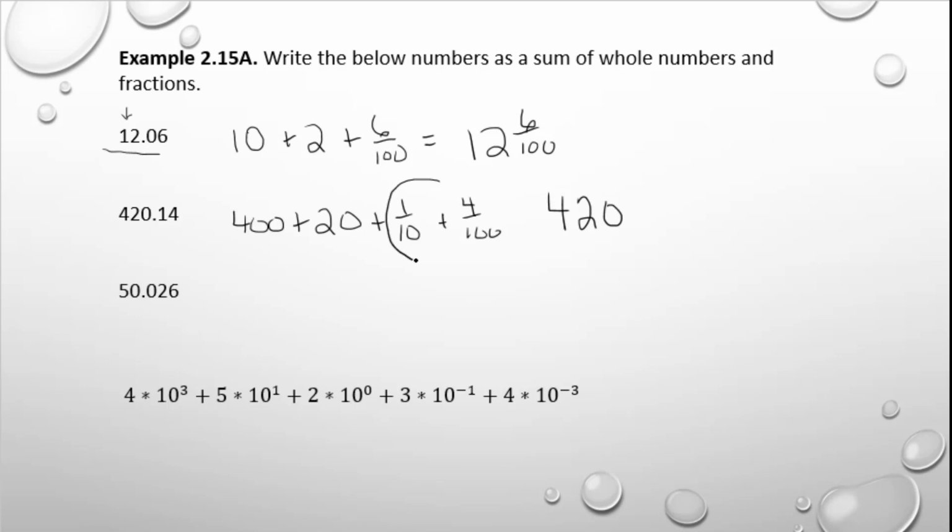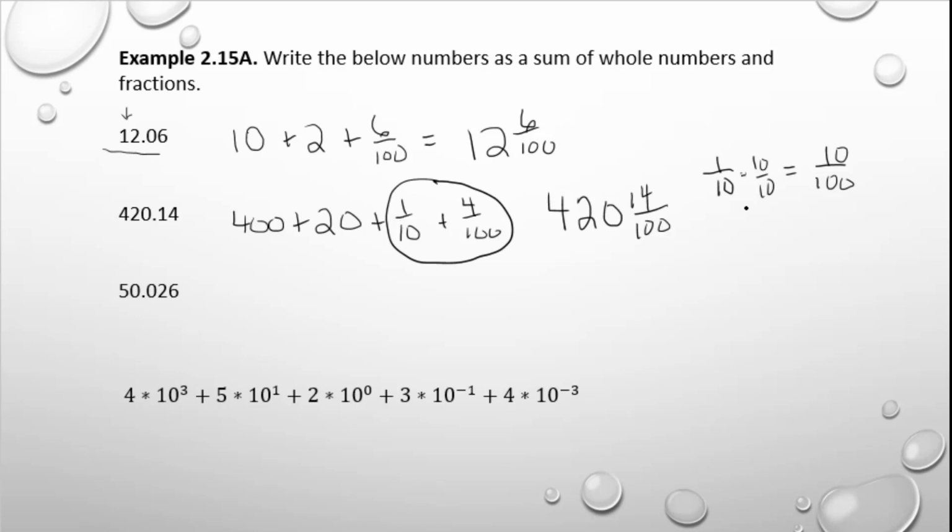How do I combine these? Well, let's take 1 tenth and turn it into hundredths. Then I can add them, right? So times 10 over 10. I get 10 hundredths. So this is 10 hundredths plus 4 hundredths is 14 hundredths.